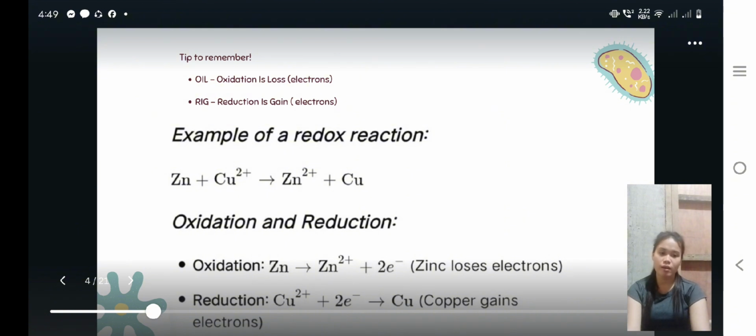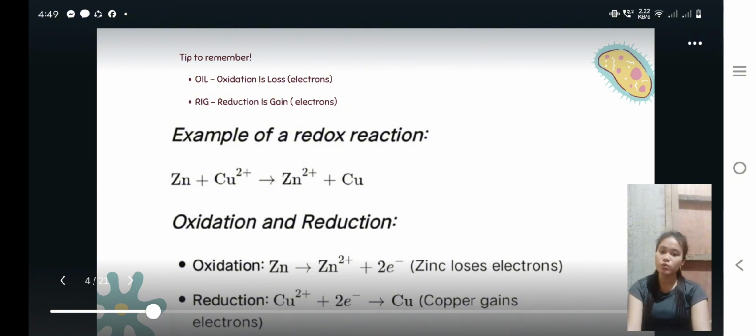Why? Because, di ba, when we say electron, it is negatively charged, right? The atomic number of zinc is 26, so it has 26 protons and 26 electrons.